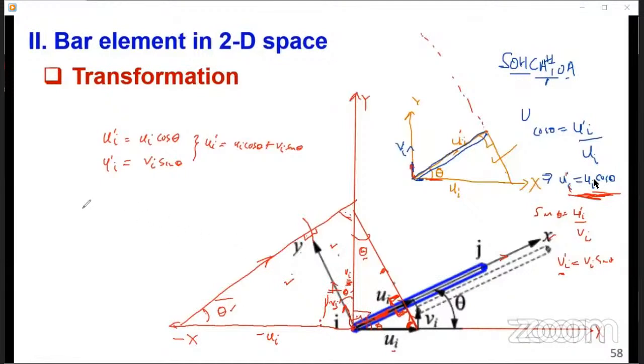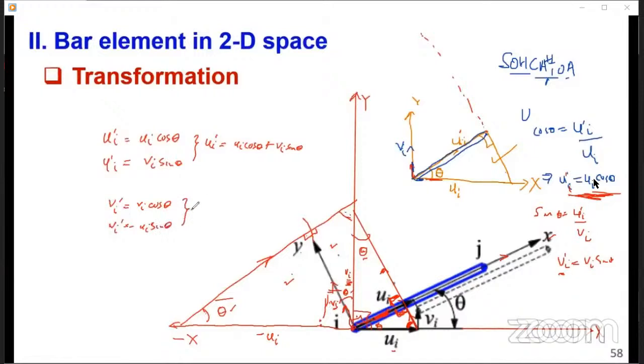vertical component. In similar manner, you are going to get VI prime is equal to VI cos theta on one axis, and VI prime is equal to minus UI sin theta on the horizontal scale.